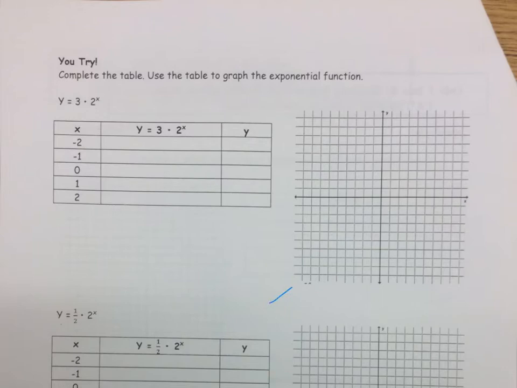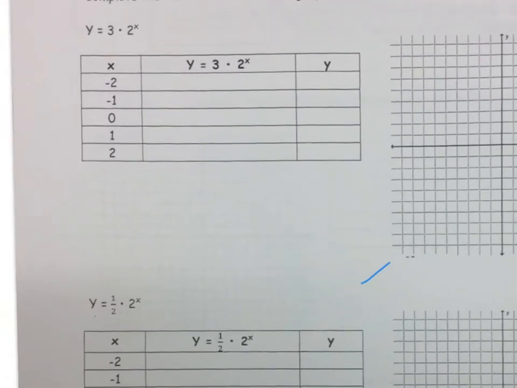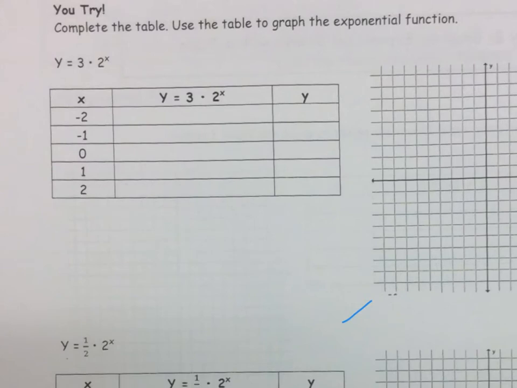We're going to do this one first together, and then I'll give you some time to do the next one. So again, try this. Substitute in 3 times 2 to the negative 2.